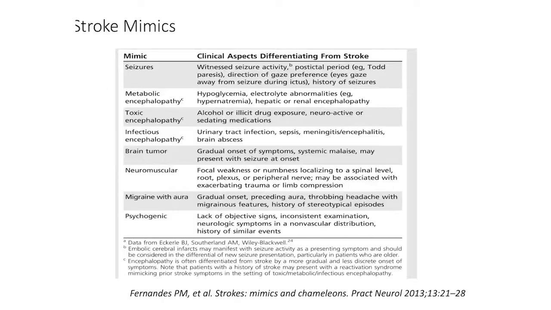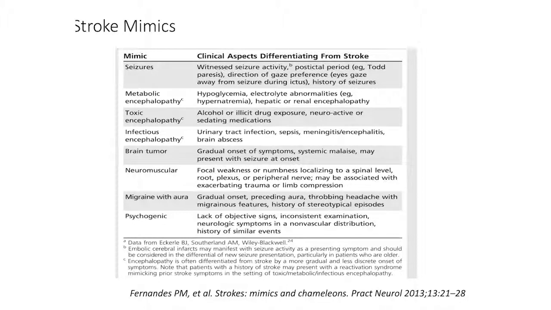So there are stroke mimics. The patient comes into casualty with a seizure. It could mimic a stroke. A seizure can also occur in the context of a stroke. And then the clinical aspects to differentiate from a stroke, I'm sure that one you know: witnessed seizure activity, post-ictal period, direction of gaze preference, and the history of seizures.